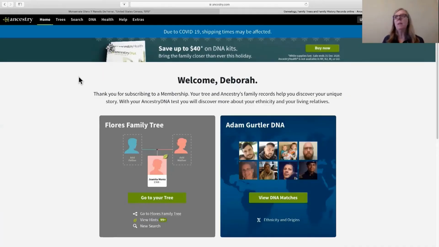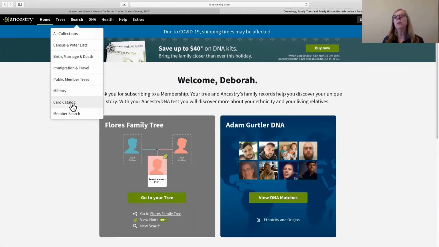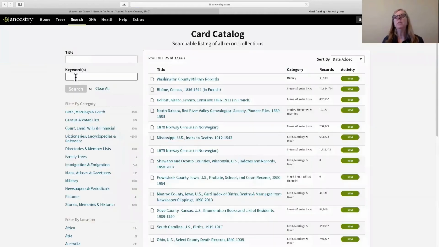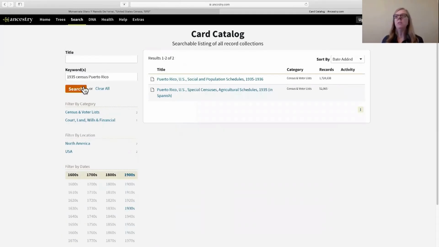Now, here I am in Ancestry.com, and I'm here because I mentioned to you earlier that there's a 1935 census for Puerto Rico. So I want to show you how to find that and access it so you can search it. Let's go to search, and then we'll go down here to the catalog. And if you'll enter in 1935 census, Puerto Rico, there you'll have your results, and it's important to notice that there are two.